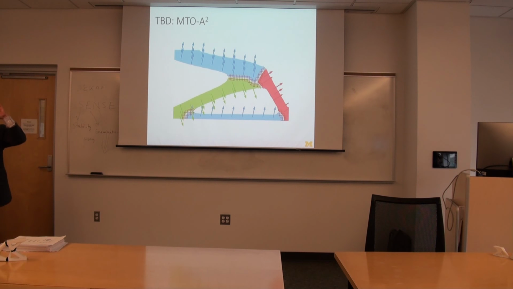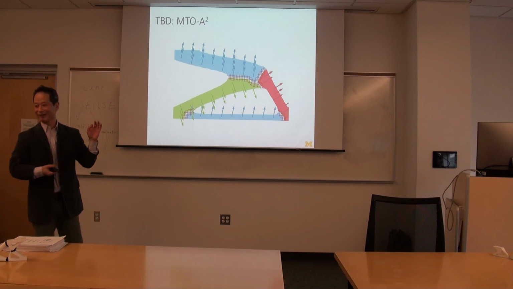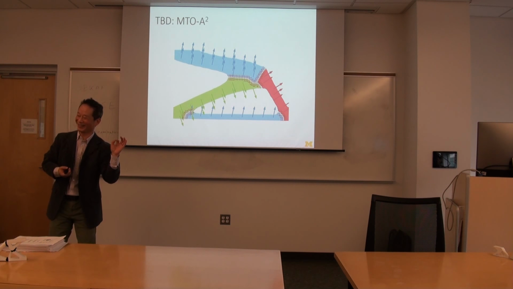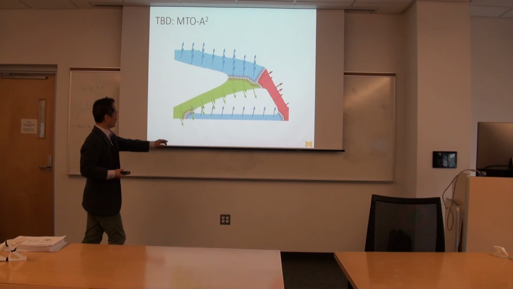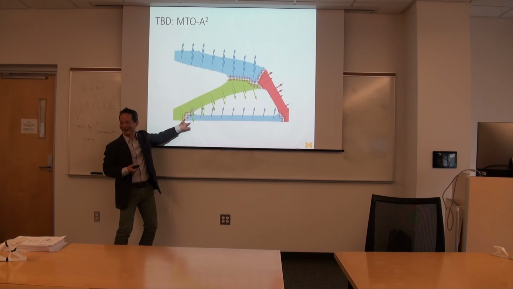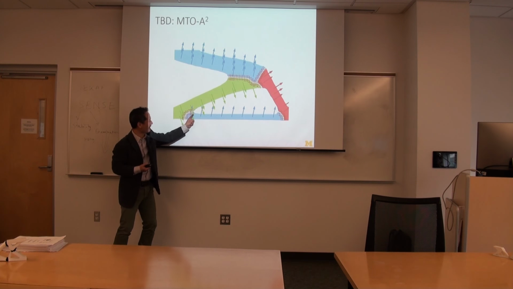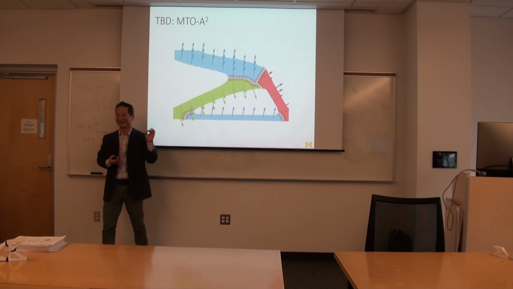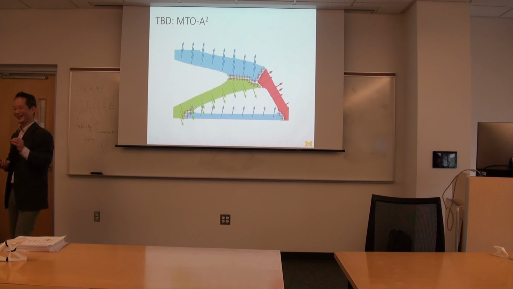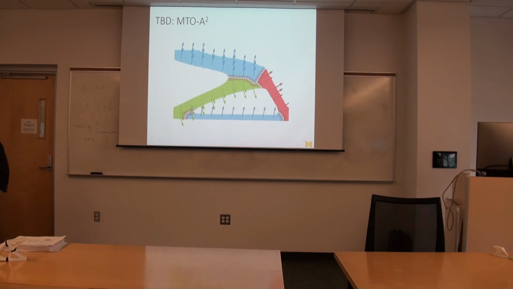Of course, the challenge is not to impose the stress constraint itself, but to figure out where the joint is. Okay, so the region we consider as a joint, especially around the boundary, is really the headache. And we could not figure out how to do that in a numerically stable way.